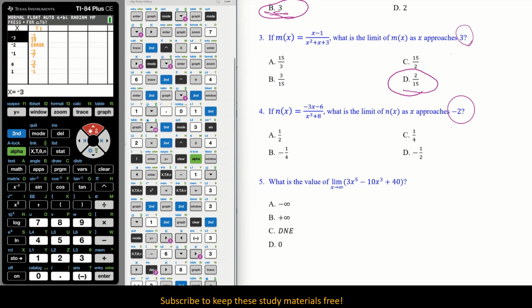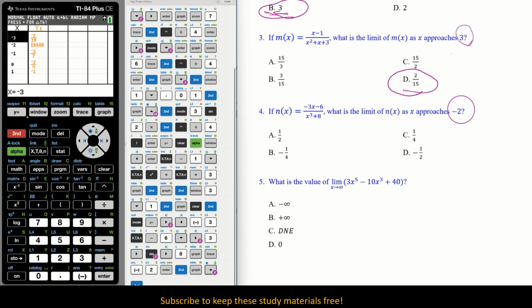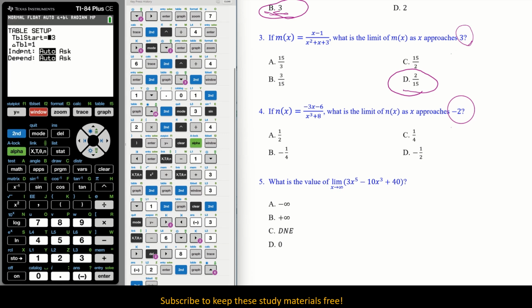So we need to figure out, what are we getting near? Well, I can see right now that we're not near that half. Okay. Let's go to decimals. Let's say second window to do our table set. I'm going to put it at -2, and we can go up and down around that.